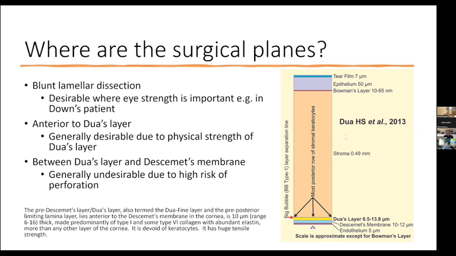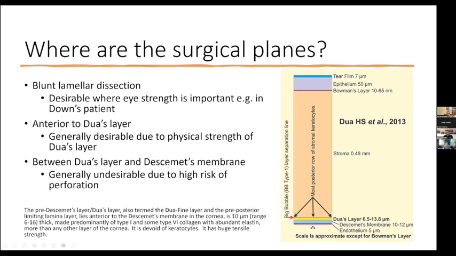Now, there is some point in not going all the way down, but maybe only to about here, when it is very desirable to keep the eye strength, the integrity of the globe. For example, in a Down's patient who needs to see, but you also know that they may not be very careful with their eyes, they might rub their eyes, so you keep some residual stroma, and it may compromise the vision quality a little. However, it can keep the eye intact.